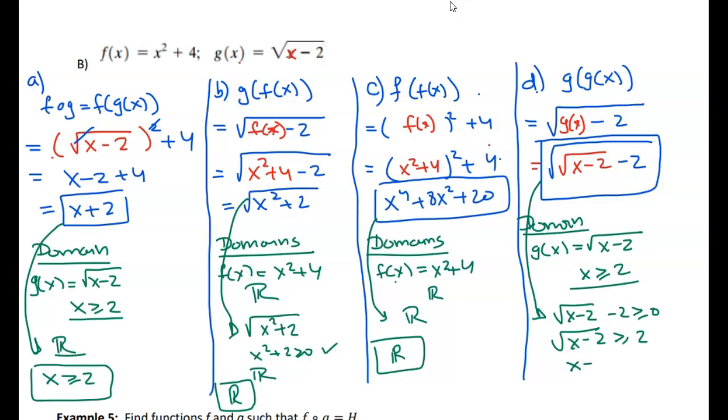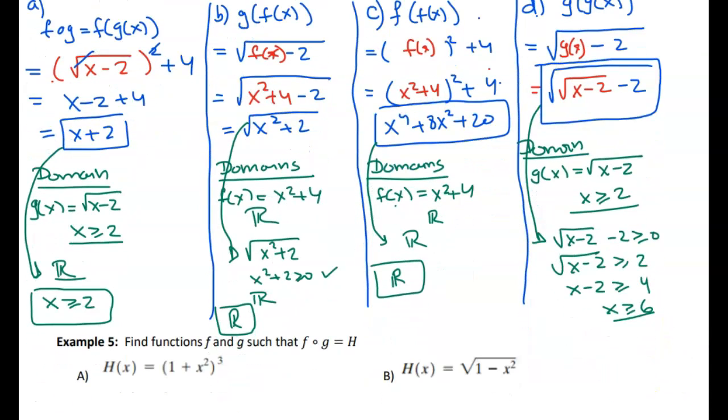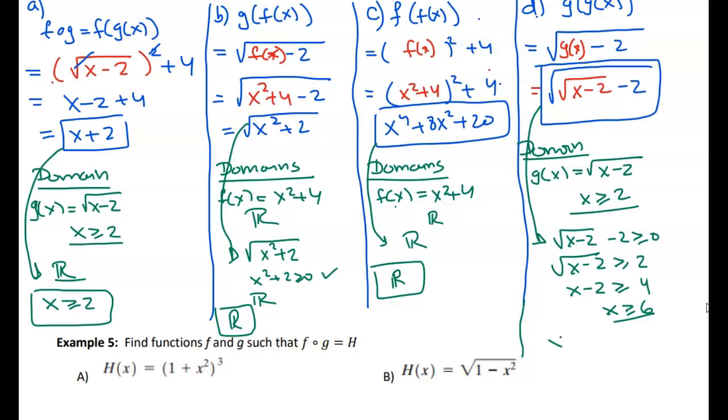Square both sides. x minus 2 is bigger than or equal to 4, so x is bigger than or equal to 6. Alright, so the more restrictive one is this one. So the domain is going to be x bigger than or equal to 6.